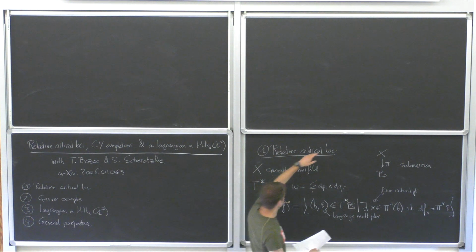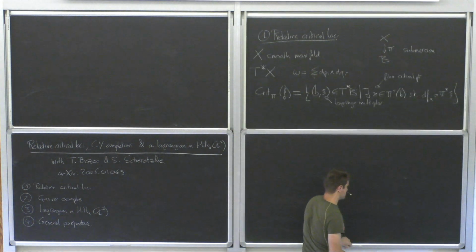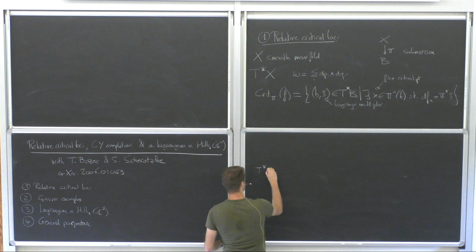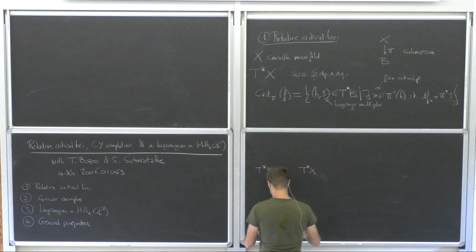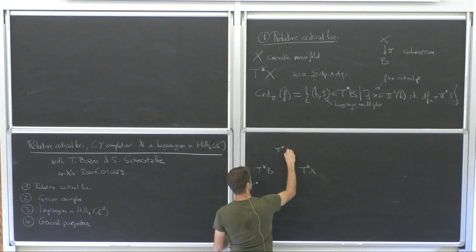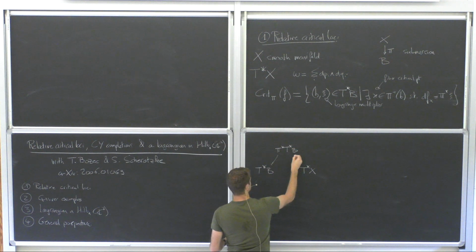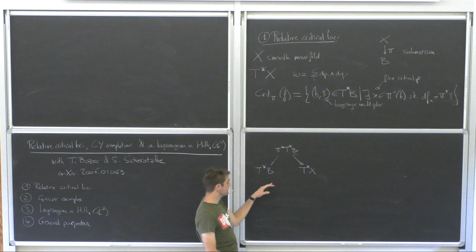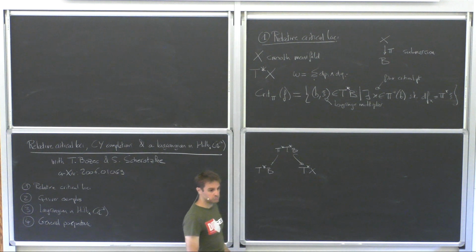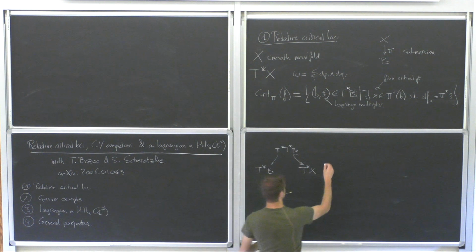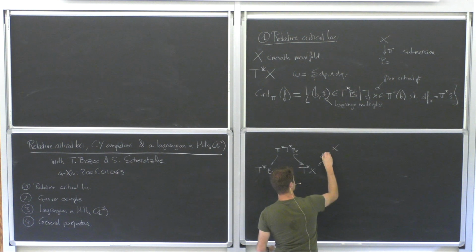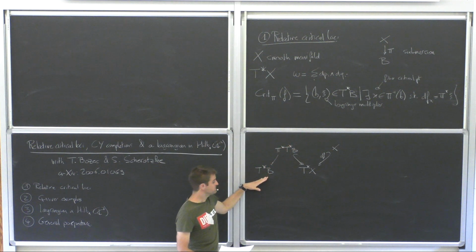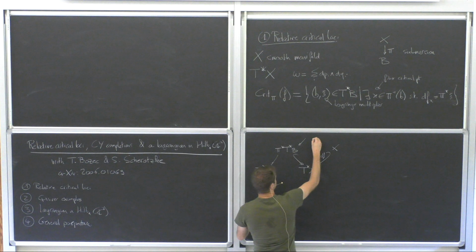So there's a way to look at this which I like. Maybe some people don't like it. You have the cotangent bundle of B, the cotangent bundle of X, and then you have the pullback to X of the cotangent bundle of B. That's a submanifold of T star X. That's actually a coisotropic submanifold, and T star B is the reduction of T star X. And what we're doing here is that we have a Lagrangian in T star X, which is the graph of df, and we're reducing this thing to a Lagrangian in T star B. So we can form the fiber product here.